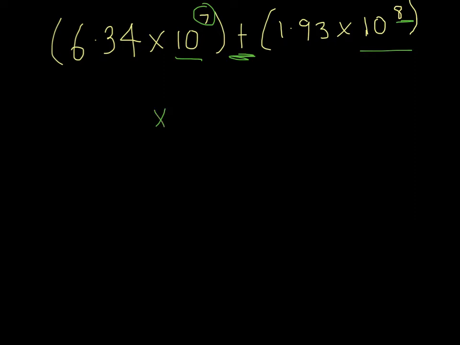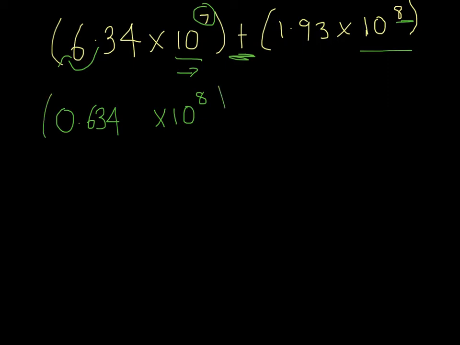Essentially, if I make that times by 10 to the power of 8, effectively I'm moving the decimal point one space to the right, making it bigger. To compensate on the other side, I need to move the decimal point one spot to the left. So it's going to end up as 0.634 times by 10 to the power of 8.